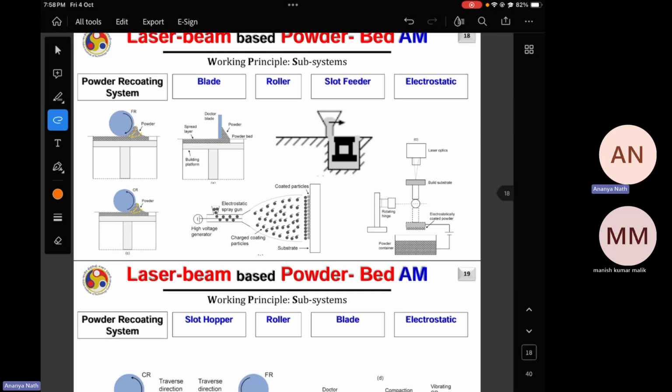Now, how the recoater will work, I have already told you. One is roller, one is blade, slot feeder, and electrostatic. So, one by one. In blade, it is just a blade like this. Okay.